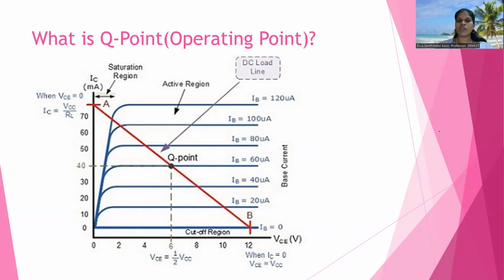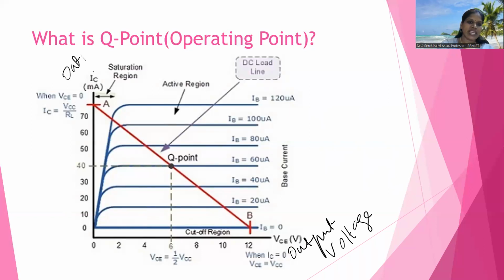Now we will see how we find the Q point in the transistor. We know about the different configurations and output characteristics of the different configurations. So we should take output characteristics. Output characteristics is drawn between output voltage and output current. This output characteristics belongs to common emitter configuration.